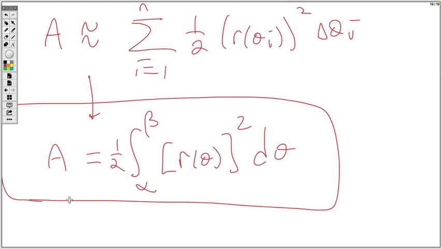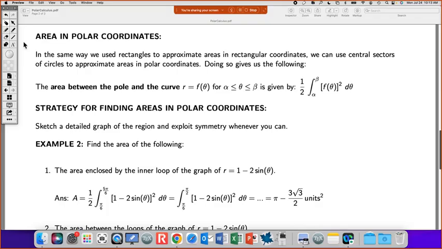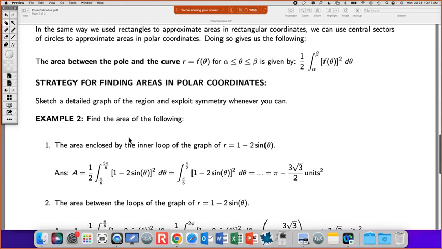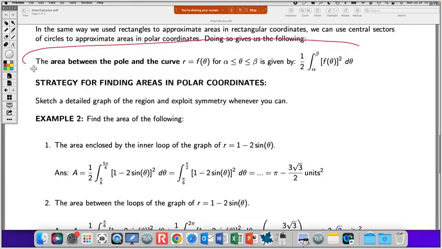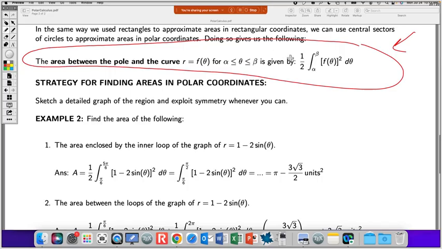So we're taking a big thing, breaking it into small things, putting them back together, and taking a limit. Boom. That's integration in a nutshell. So that's the story of that equation. Common mistake, students forget two things. They forget the 1/2. They tend to forget the squaring as well. All right, so don't do that.